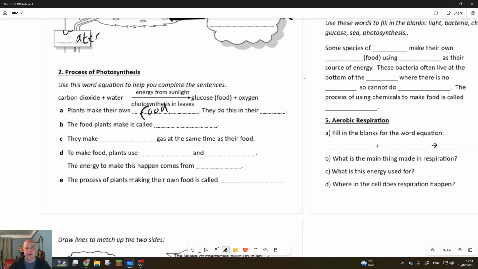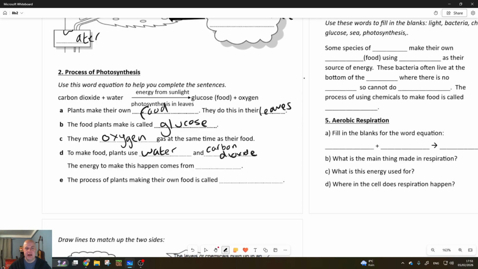So, plants make their own food. They do this in their leaves. The food plants make is called glucose. They make oxygen gas at the same time as their food. To make food, plants use water and carbon dioxide.